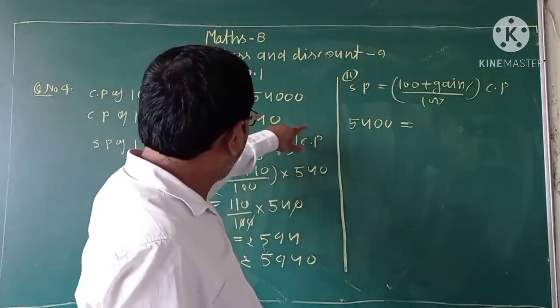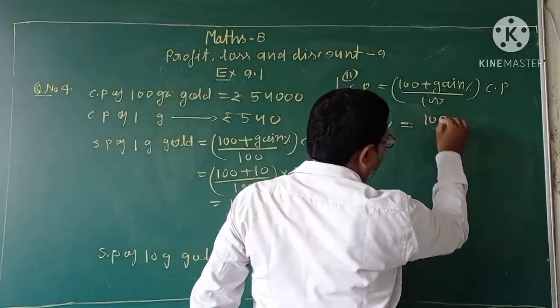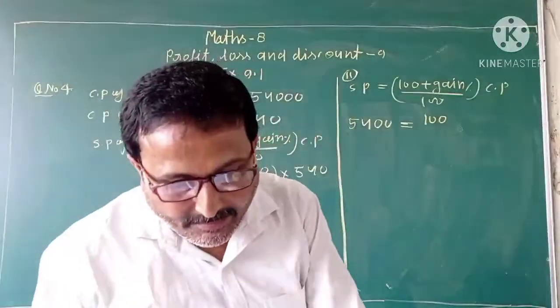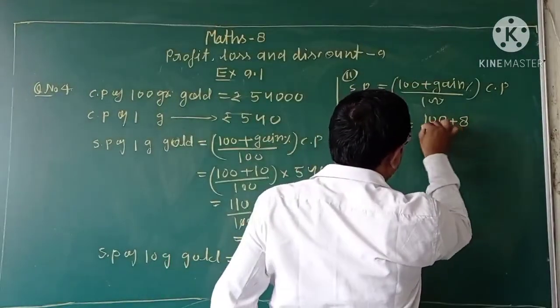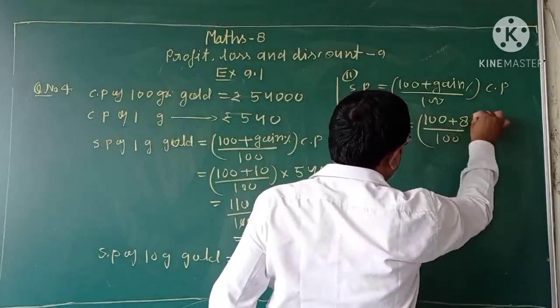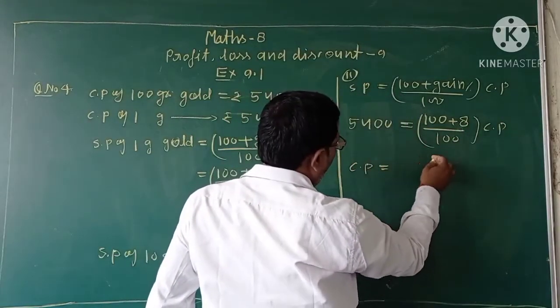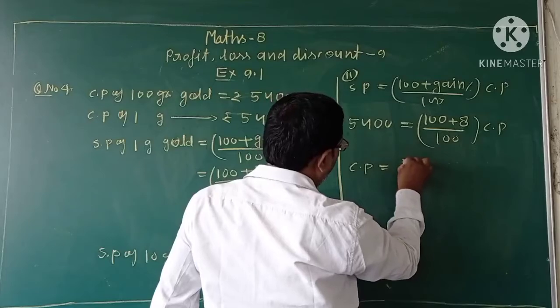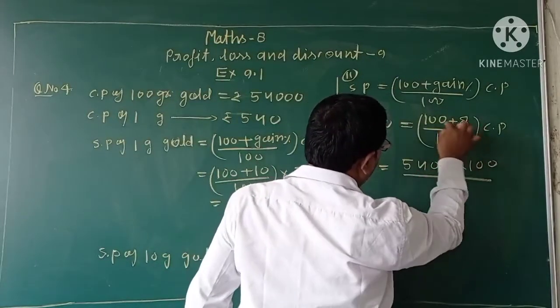For 10 gram gold, SP is (100 plus gain) upon 100 into CP, gain is given 8%. Then CP is equal to 5,400 into 100 upon 100.